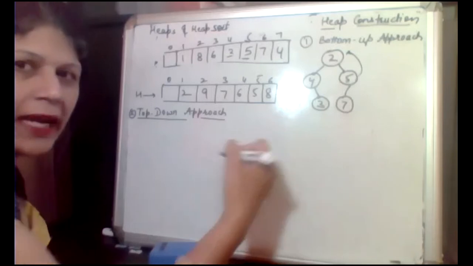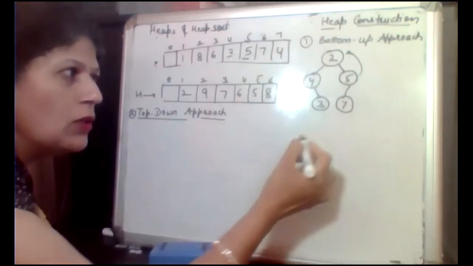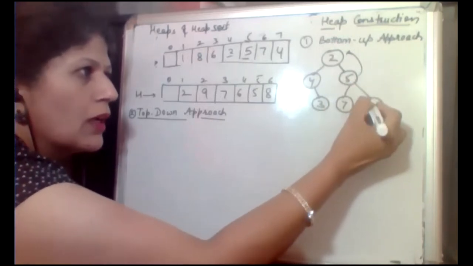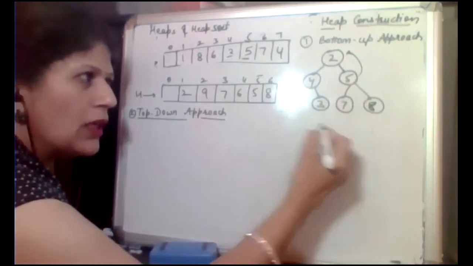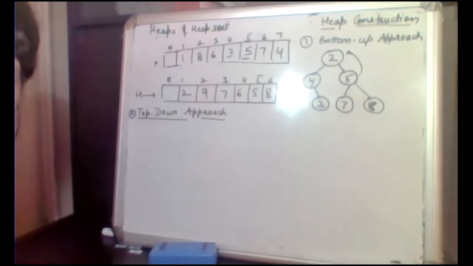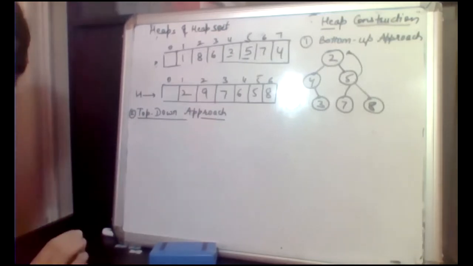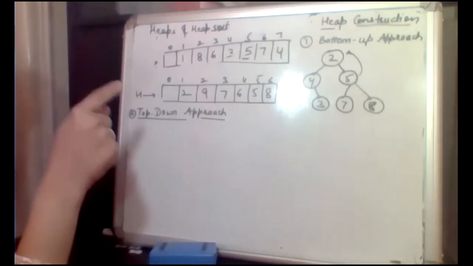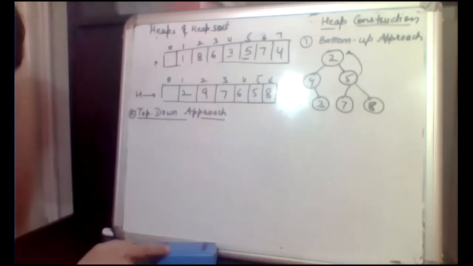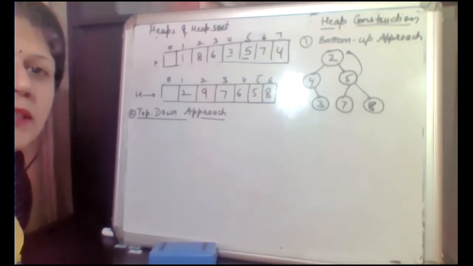In that case, every time you need to traverse through the complete tree. If you have a complete tree, in the worst case, every time you have to check whether a key is at its proper place, you have to make a comparison at each level. So we will talk about the worst case efficiency of the algorithm.